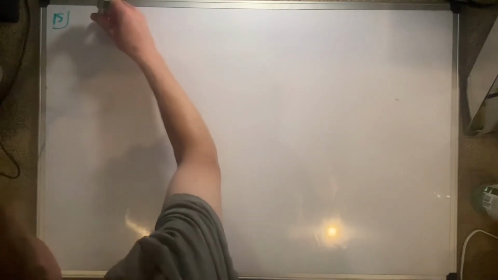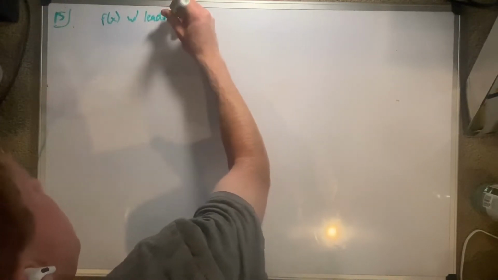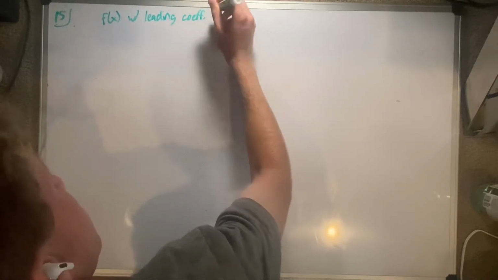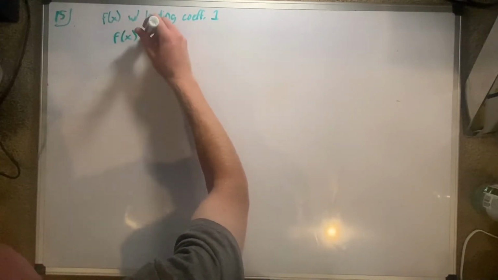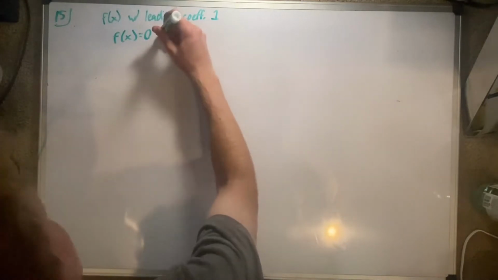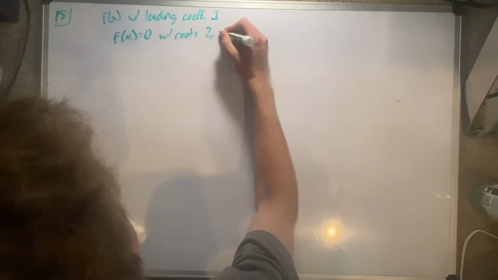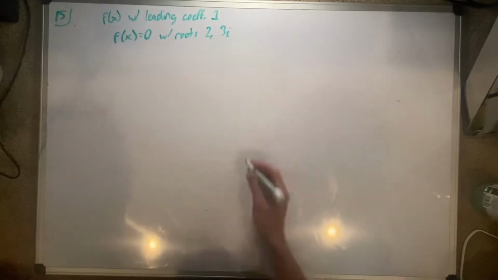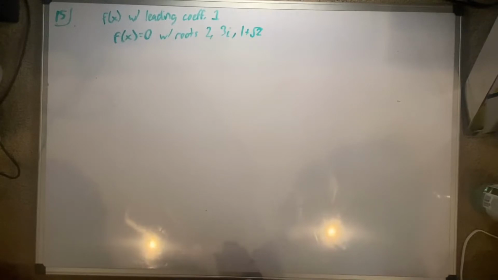says, find a polynomial f(x) with leading coefficient 1, such that the equation f(x) equals 0 has the following roots and no others, with roots 2, 3i, and 1 plus rad 2.